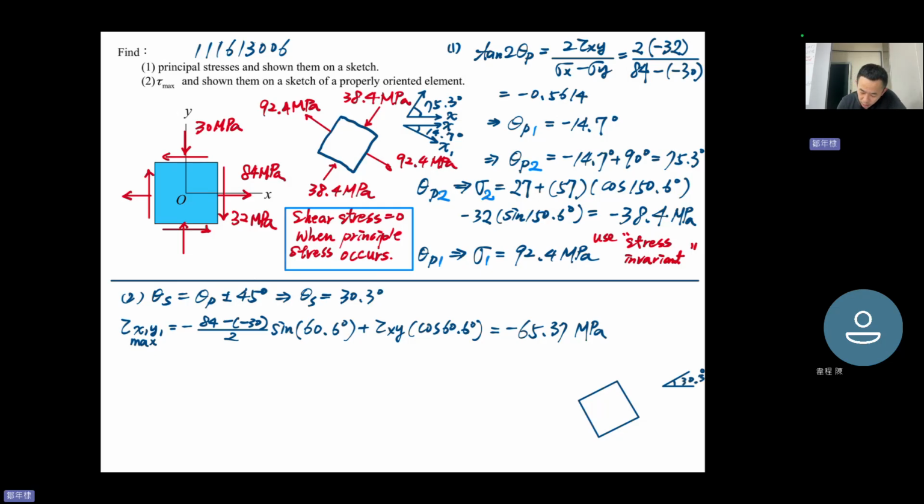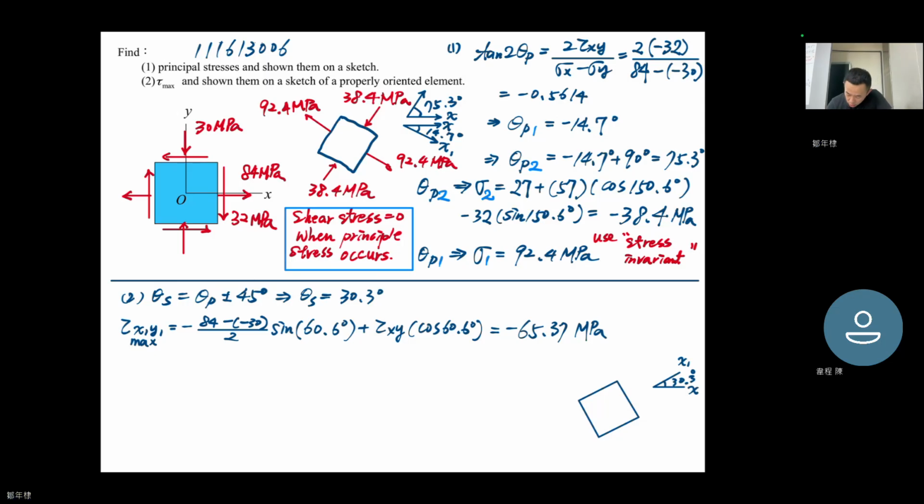And of course, this is the x-axis and this is the x1 axis. So at 30.3 degree, the main focus plane has minus 65.33 MPa.